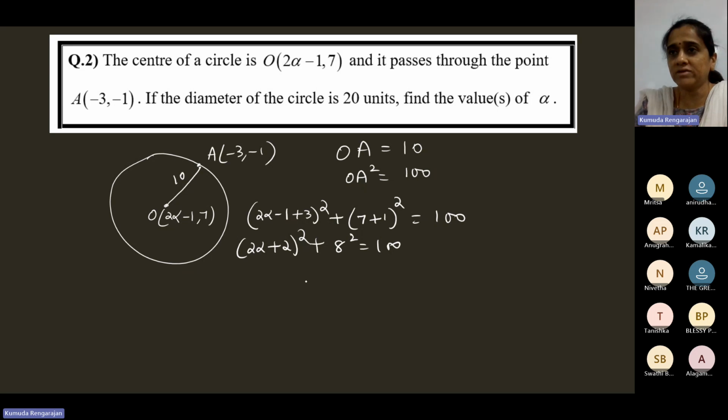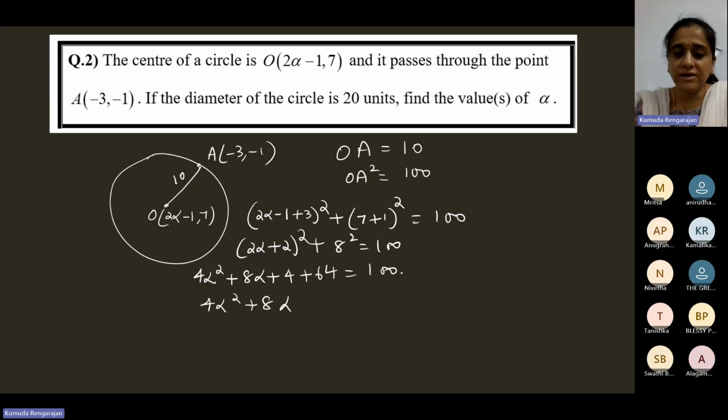This is like a plus b the whole squared, so a squared, 4 alpha squared, plus 2 into a into b, 8 alpha, plus b squared, 4, plus 64 is equal to 100. So 4 alpha squared plus 8 alpha, 100 comes here, so it's 68 minus 100, so minus 32 is equal to 0.